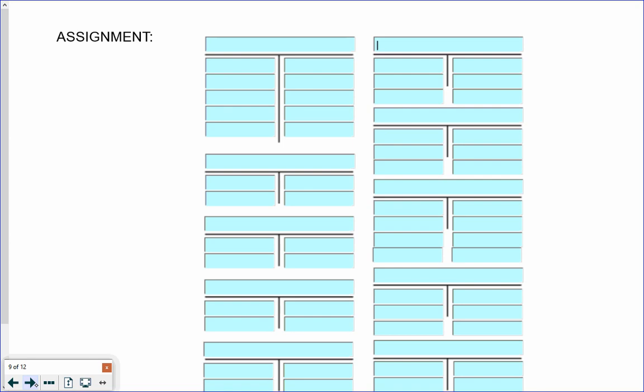So what are your accounts here? Your accounts are cash, delivery equipment, office equipment. And then you've got liability, accounts payable, XL Motors.